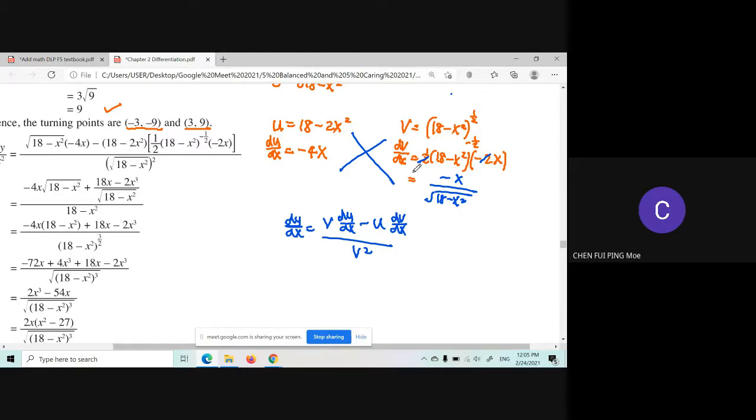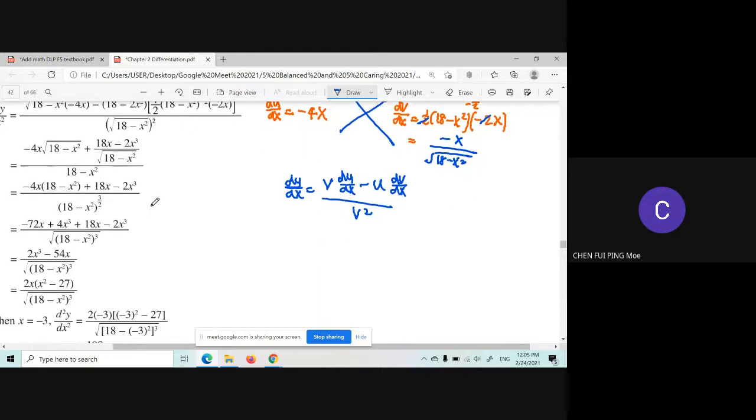So x and x, there's multiply straight away, that's why you have this, okay, and then over v square. So v square, the square root gone, so remaining 18 minus x squared.